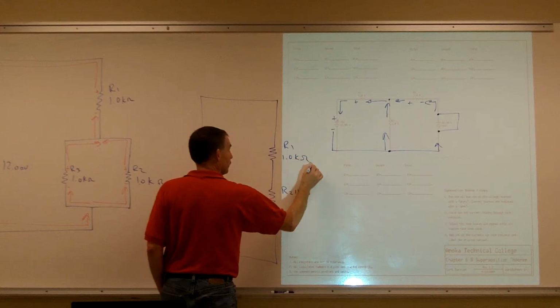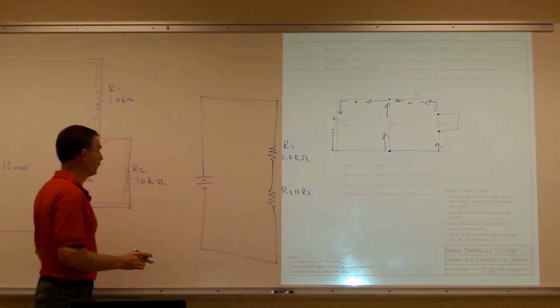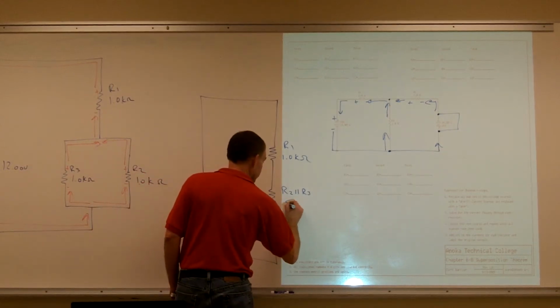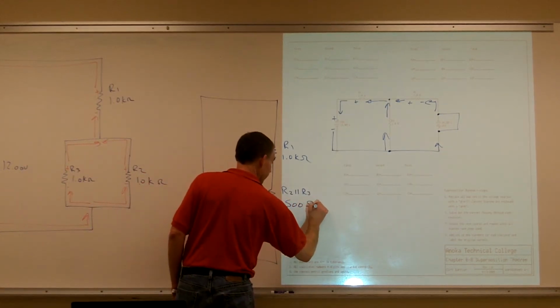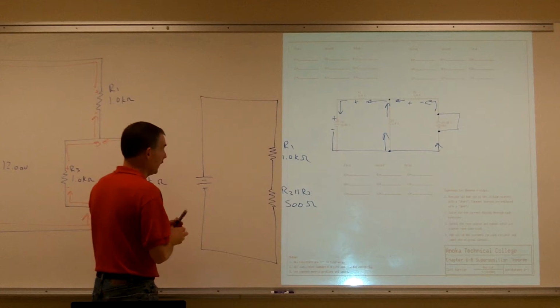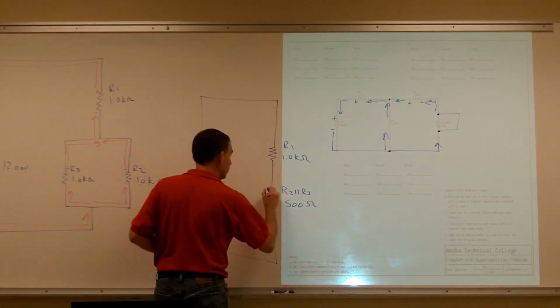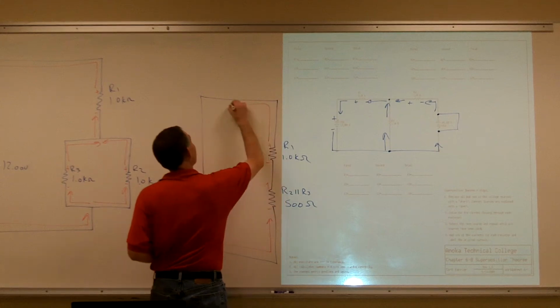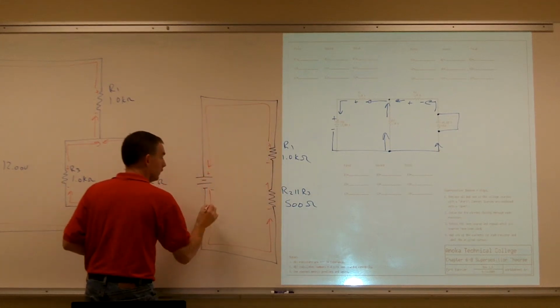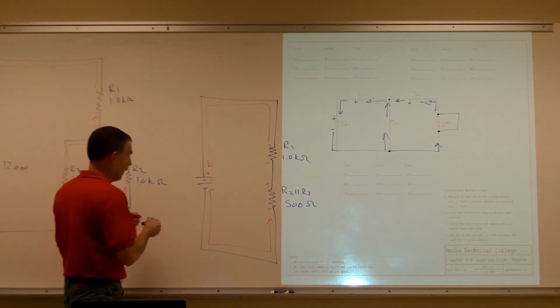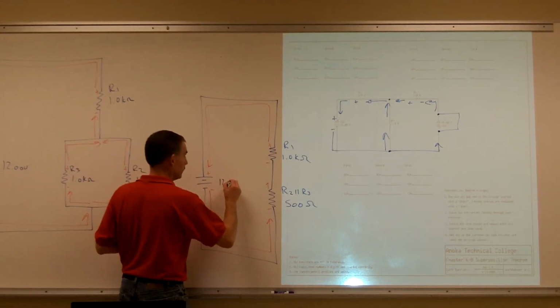So what's my resistance of R2 and R3? 500 ohms. See, so we can start doing some pretty quick shortcuts now. Okay, then we're going to draw in our current paths and polarities. All right, and we know that we have a 12-volt source.